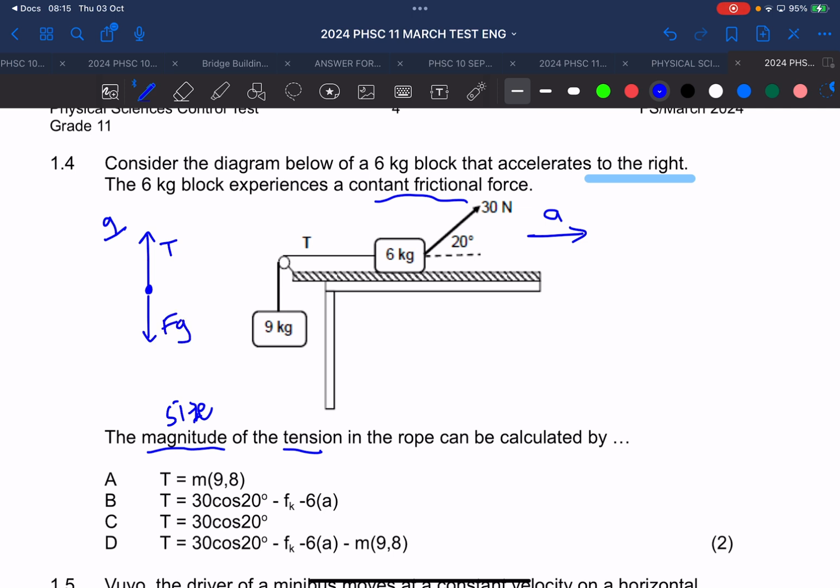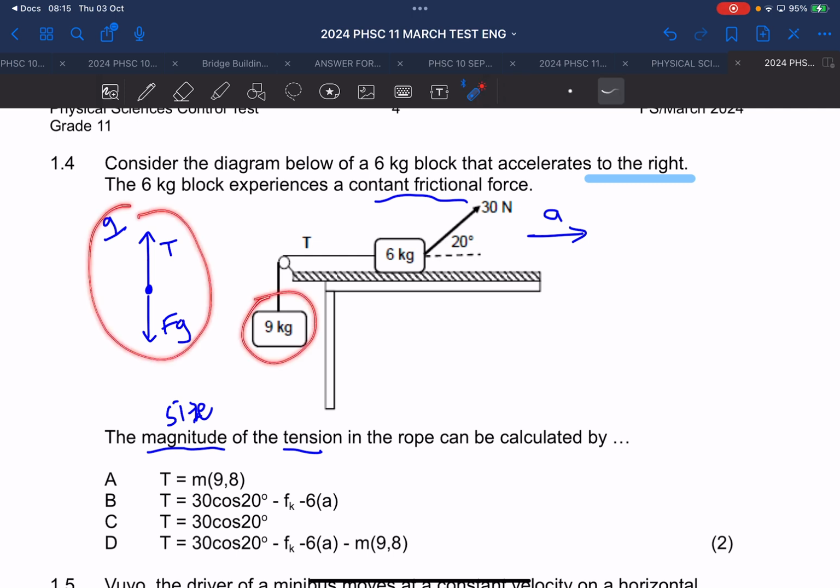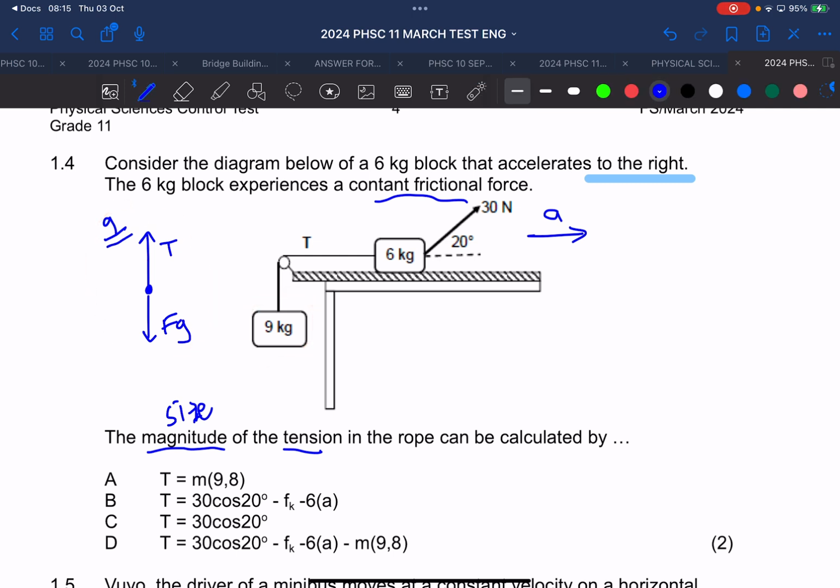Or now, do I have normal force here? Why not? It's hanging. It's not resting on a surface. If it's touching a surface, then there's normal force. Okay? Then the 6 kilogram block. What forces will I have there, Zara?